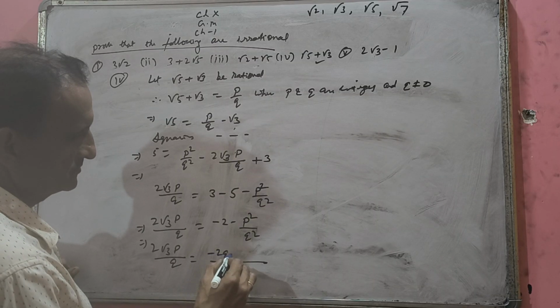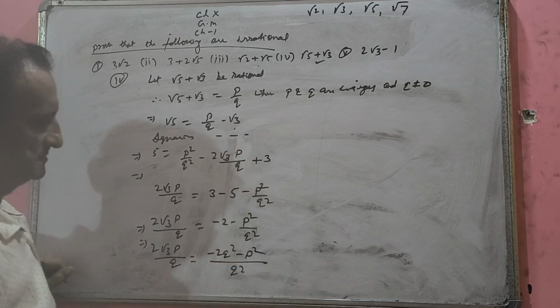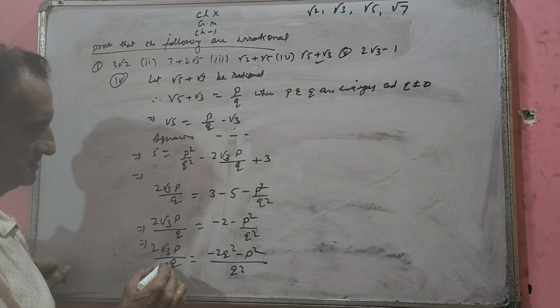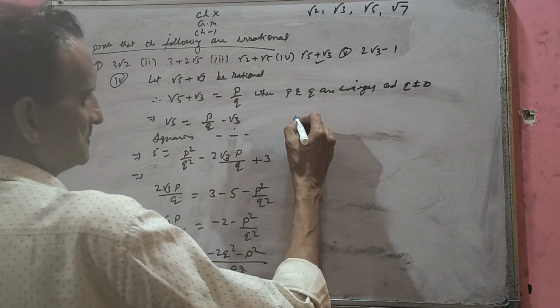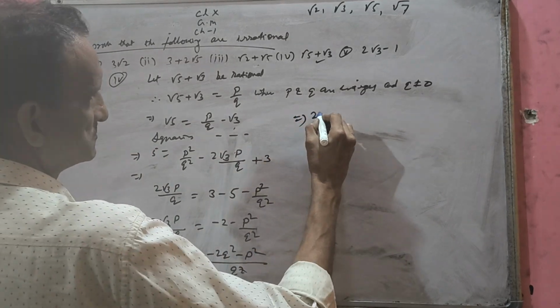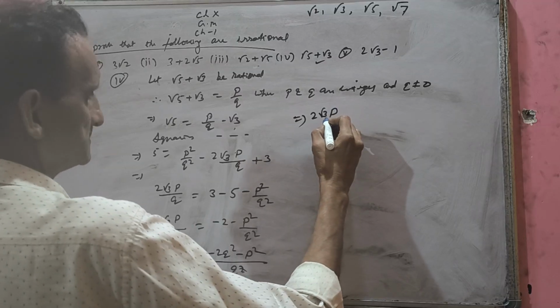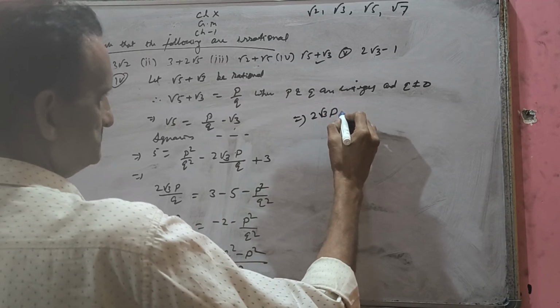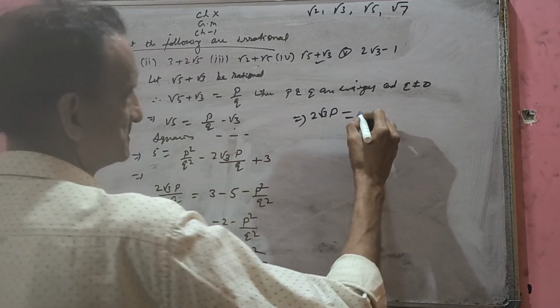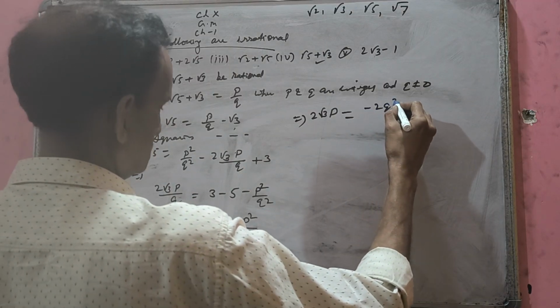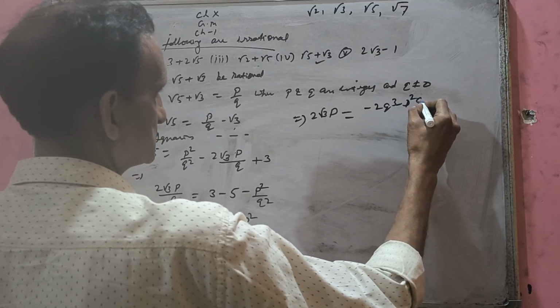So minus 2 q square minus p square. See, this and this two can be cancelled, because q is not equal to 0 is known to you. What is the final? 2 root 3 p is equal to, transpose q to this side. What will you get? Minus 2q minus p square q.